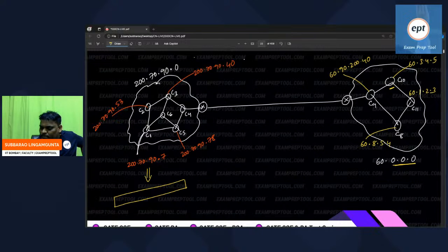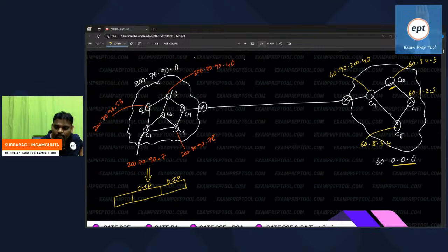This person wants to send this message to him. See how he is saying it. The message is here. So who is the sender? C1. See this one: source IP and destination IP. The sender wants to send the message to the receiver.